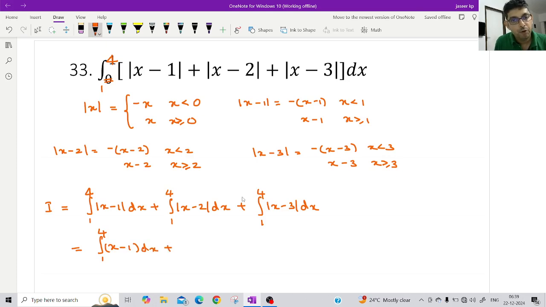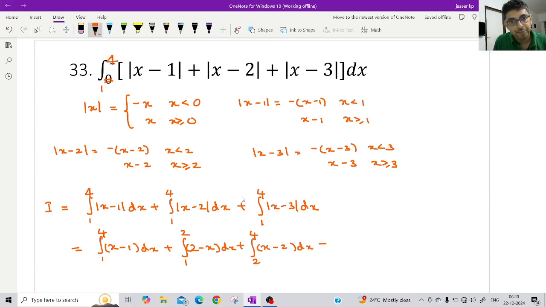And 1 to 4, it's modulus of x minus 2. So that limit is to be split from 1 to 2 and 2 to 4, because less than 2 modulus has one value, that is minus of (x minus 2), that is same as 2 minus x, and from 2 to 4 it is x minus 2 dx.